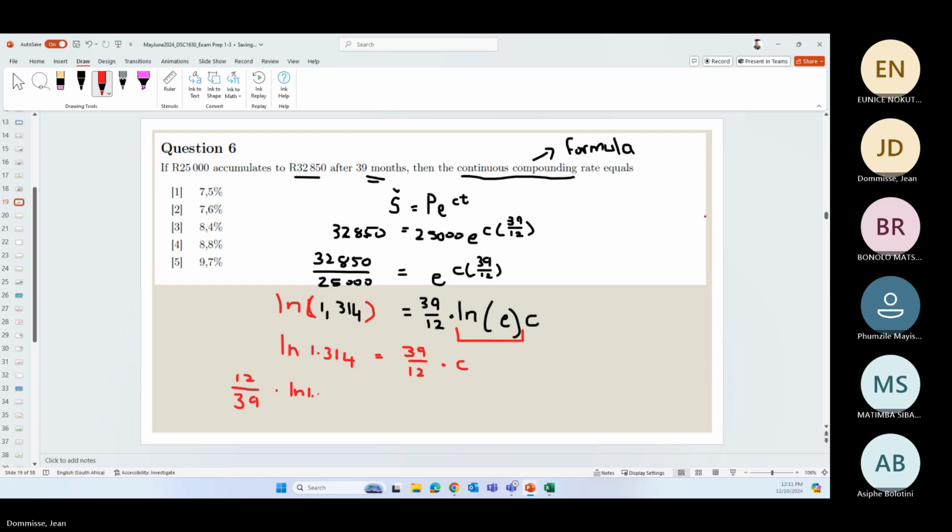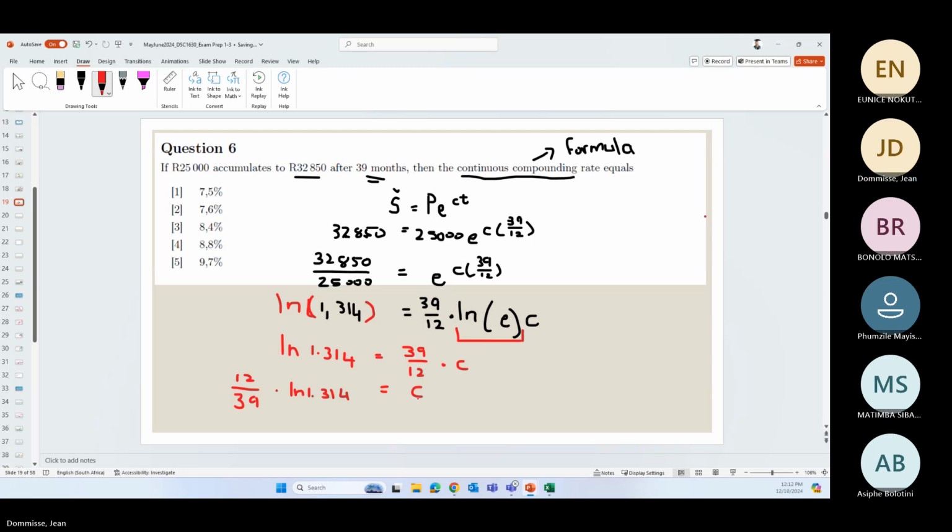So if I do that, I will get my C. You could have already started there and changed it to a full number, but I just wanted not to have more decimals in. That just makes it very difficult.